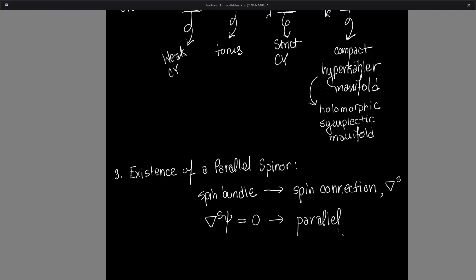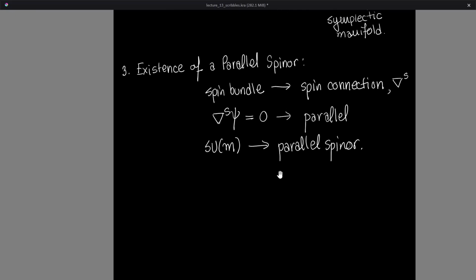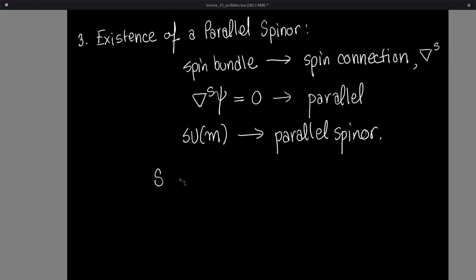Now, for a Calabi-Yau, we know that because its holonomy group is SU(m), it always contains a parallel spinor. This is because of the fact that the spin bundle, let's call it S, is always isomorphic to a certain decomposition, the sum from q equals 0 to m of Ω^(0,q) tensor product with K_M to the minus half.